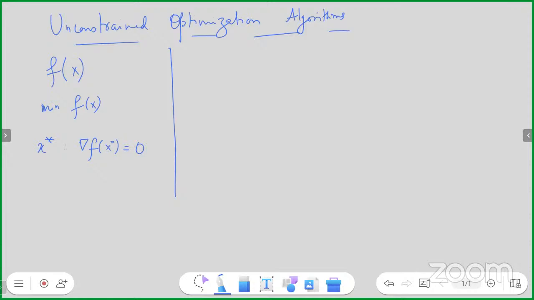Linear is one, but yeah, so suppose you use Taylor series approximation. What will happen? Can you build an algorithm using Taylor series approximation?